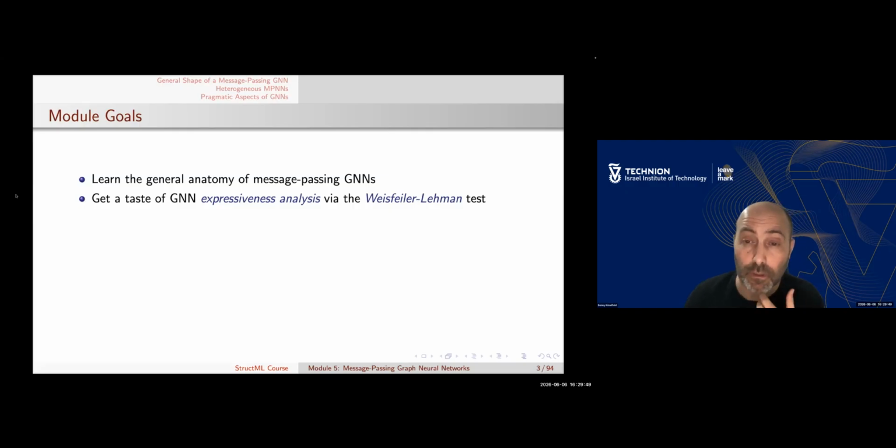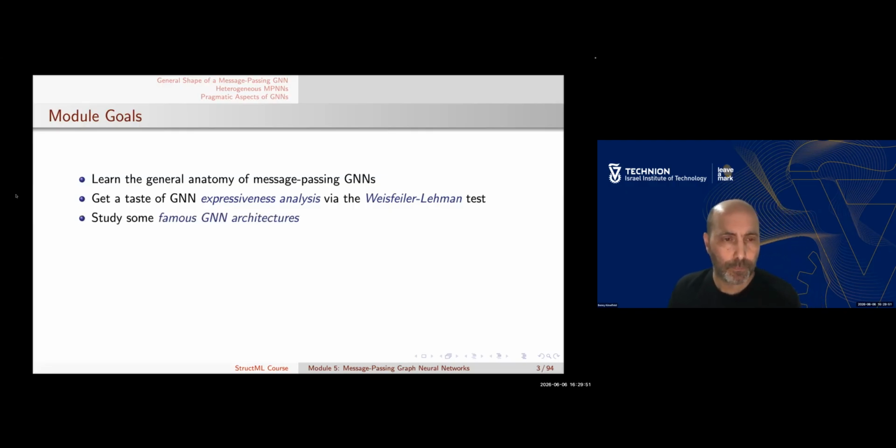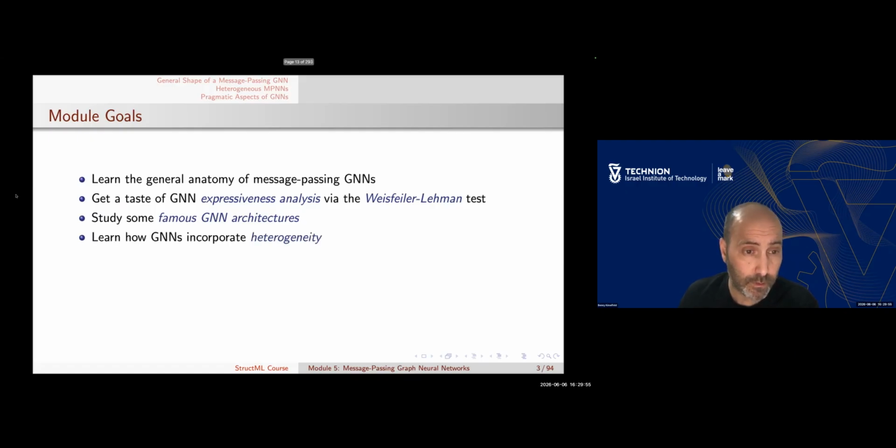We'll draw a connection between the two. Now we look at some of the more popular GNN architectures. We will learn how they incorporate heterogeneity, which is very important when you want to apply GNNs to relational machine learning. So we'll see how we're doing that.